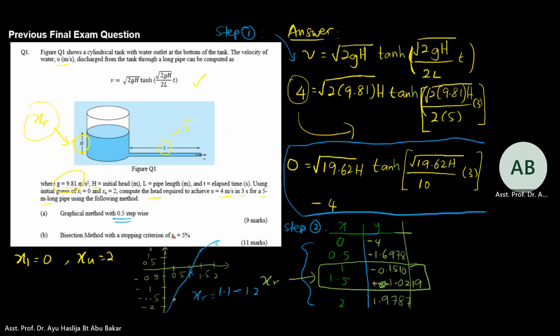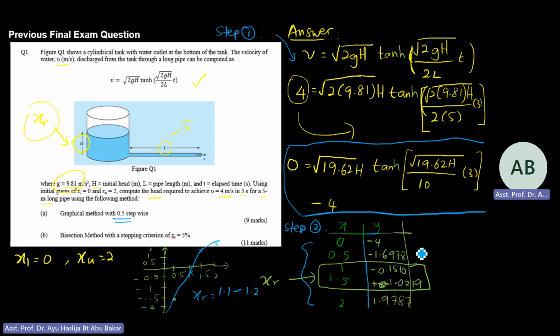Okay, so for the graphical method, in this question, it brings you 9 marks. The 9 marks are contributed by the rearrangement of the equation over here. You plug in the info into the equation, you'll get marks. You rearrange, make it y equals 0, you will get marks over here. After that, for step 2, show all this table and values for the step size and for the y value.